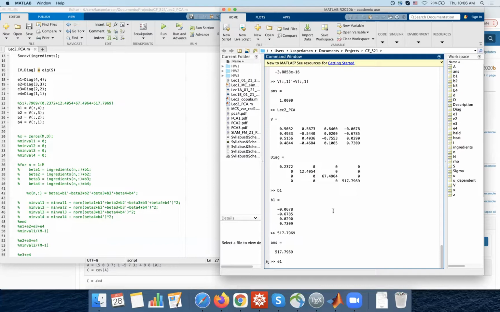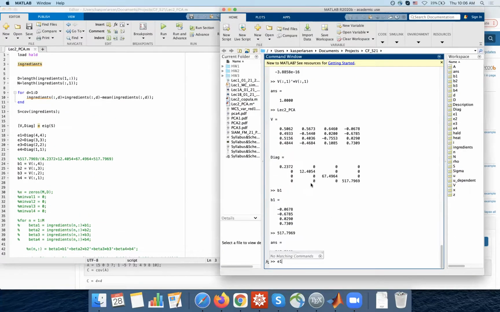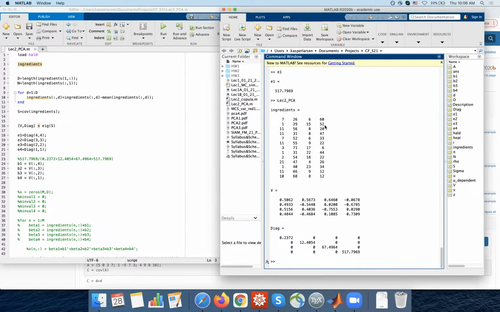So the idea would be to see, I have my general data inside ingredients. If I print out the ingredients, we'll be able to see it. So this is a 4-dimensional object.